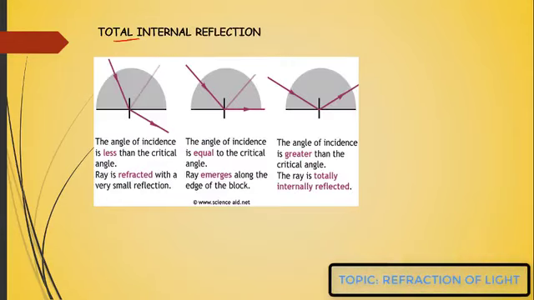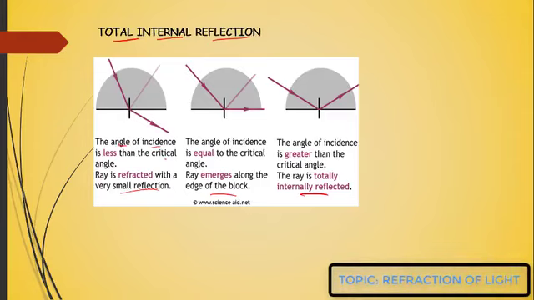Now this is what we mean by total internal reflection. Total internal reflection helps us understand what happens between the refracted ray, critical angle, and the angle of incidence. The three relationships together are what we have here. For the first one, the angle of incidence is less than the critical angle.